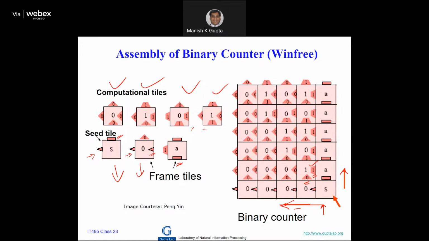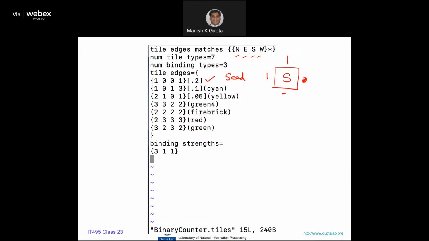If you remember, the seed tile has something on the east side and the north side, right? Similarly, as I'm giving you an exercise, one of them is horizontal, one of them is vertical here, and these are all 4 computational tiles. Now, note that I am using colors 2 and 3 in this program to represent those 0 and 1.